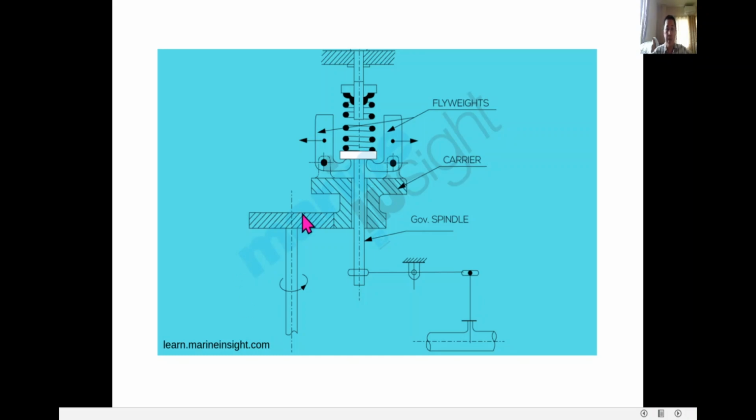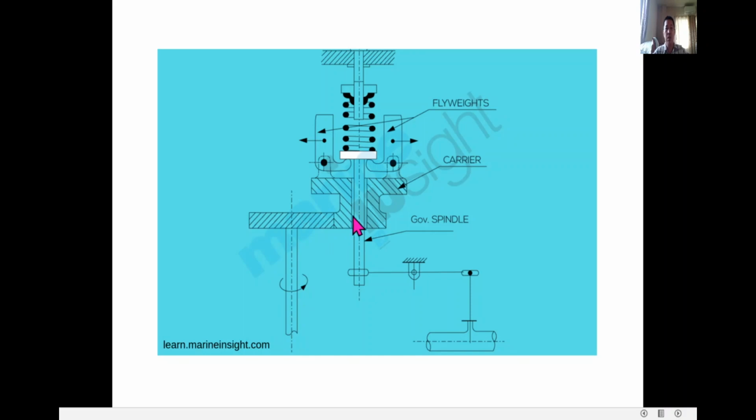So we have here the flyweights. You can see this inside the governor. I showed you the hydraulic governor a while ago, and I already dismantled this many times. So we have the spindle. This spindle is connected to the gear of the rotating engine.